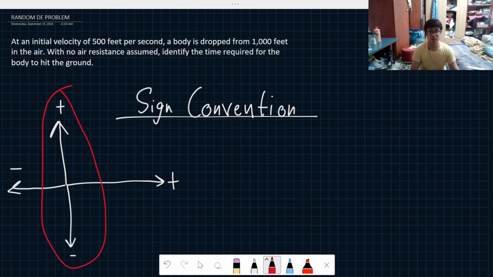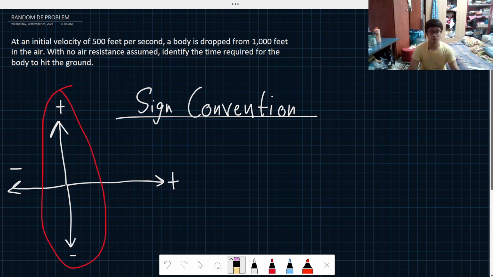For the sake of this video, I'll try my best to compress these two ways of solving it, depending on your sign convention, in this video. So basically, let's try solving this one with the first way, then later let's try the second way.